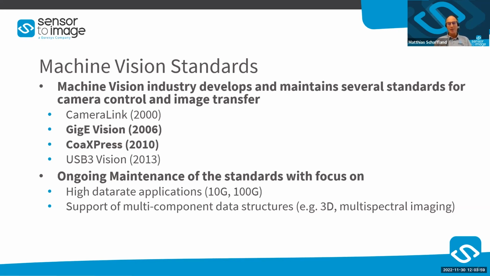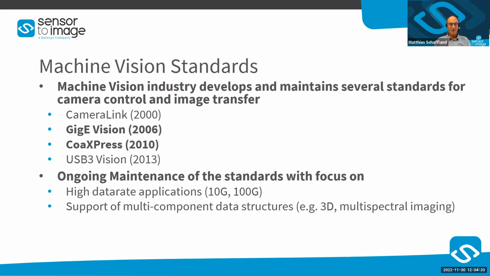What challenges do we have with newer versions of these standards? There is a great demand for high data rate applications, so 10G or even 100G. Sensors get faster and faster, so these standards, if they want to be used for this kind of camera, have to cope with that.